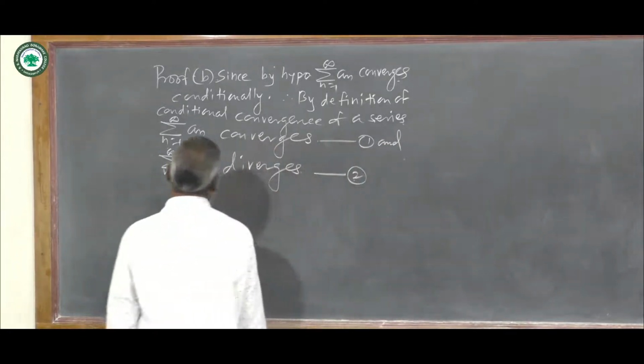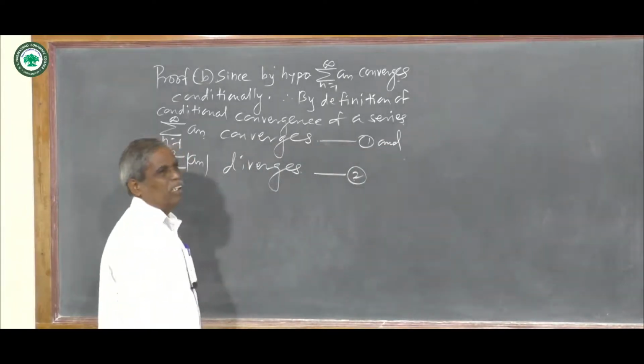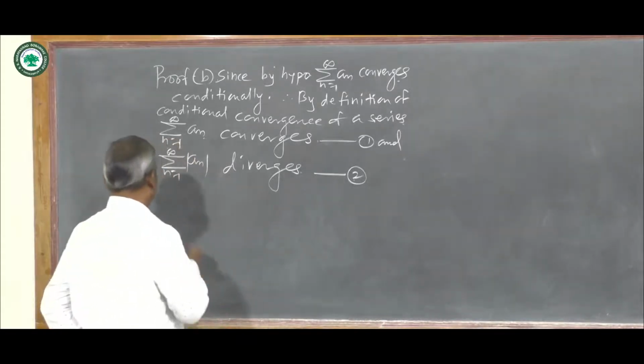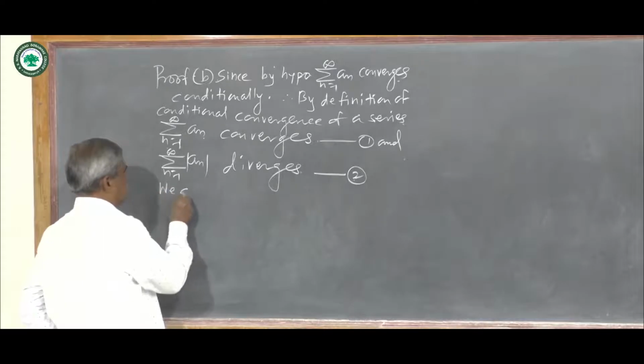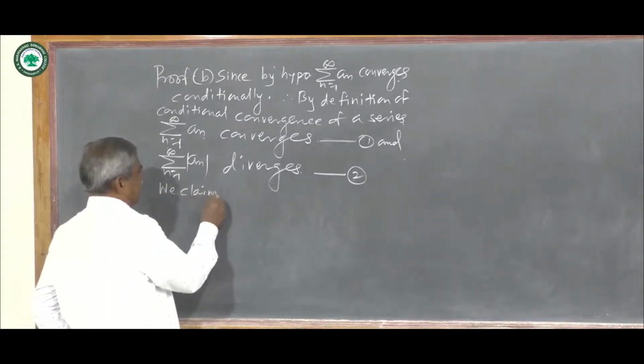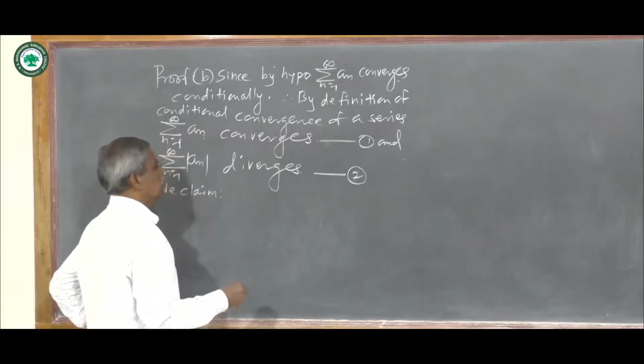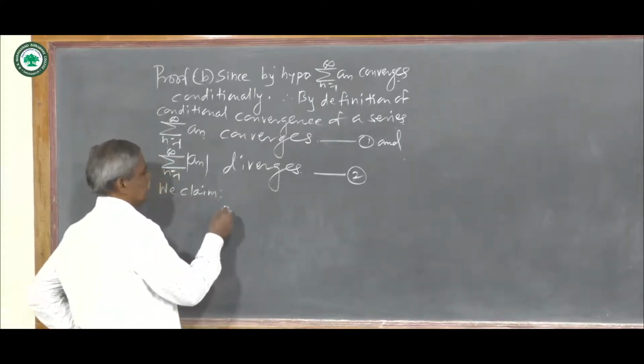We prove this theorem by the method of contradiction. We claim sigma Pn and sigma Qn both diverge.